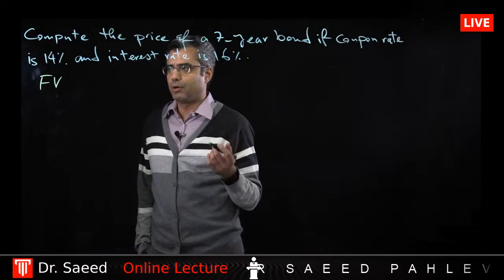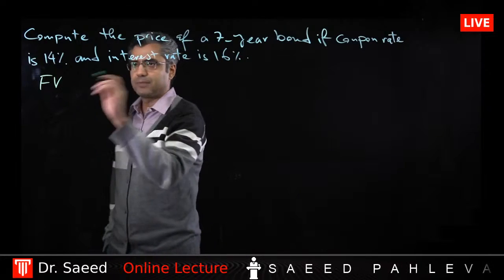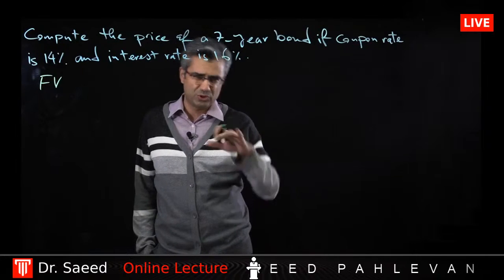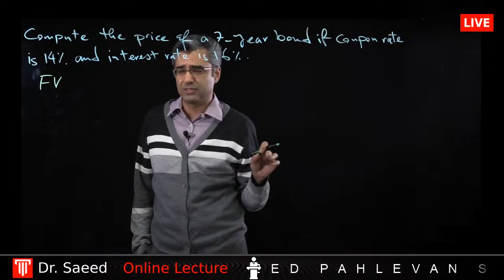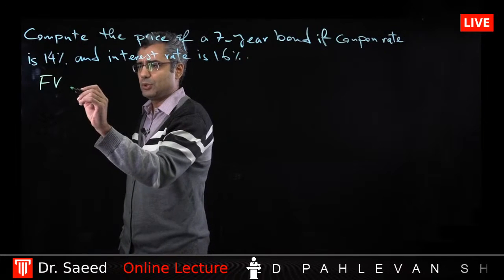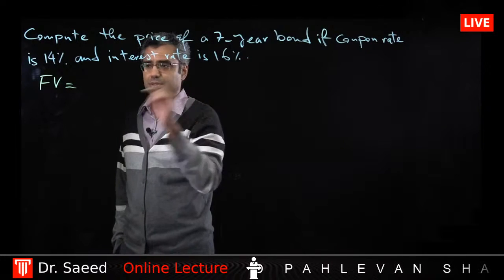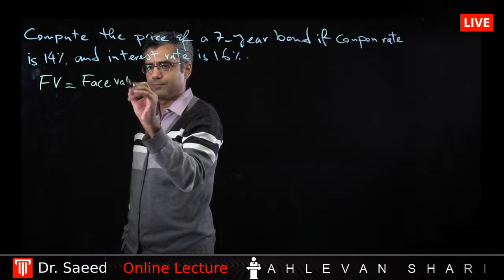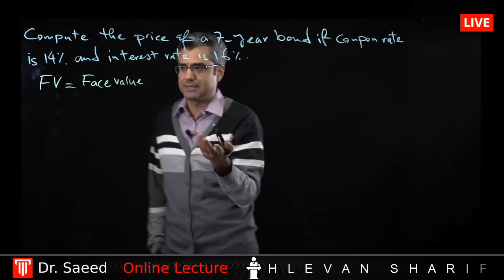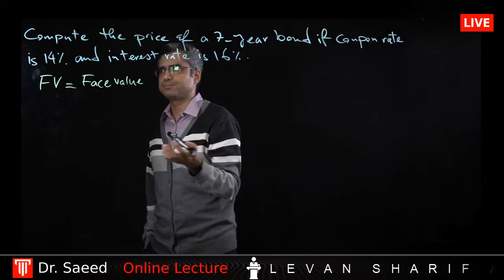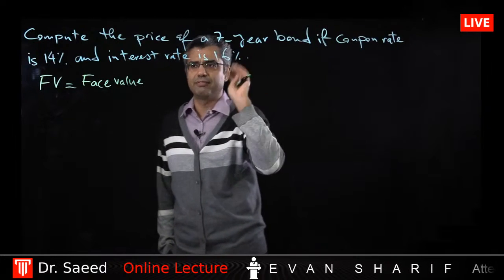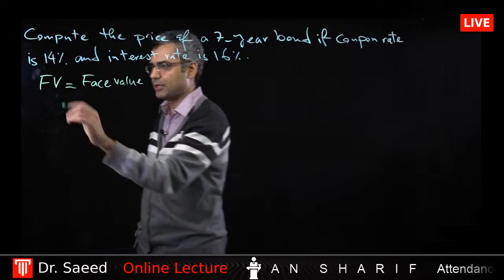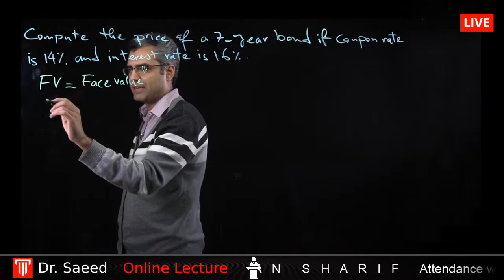In the bond calculation, if you don't sell the bond earlier, or if it's not a callable bond, which is not in the scope of this subject, future value is the face value or par value. Because I didn't give you the face value here, we assume it is $1,000. So the first parameter is face value.